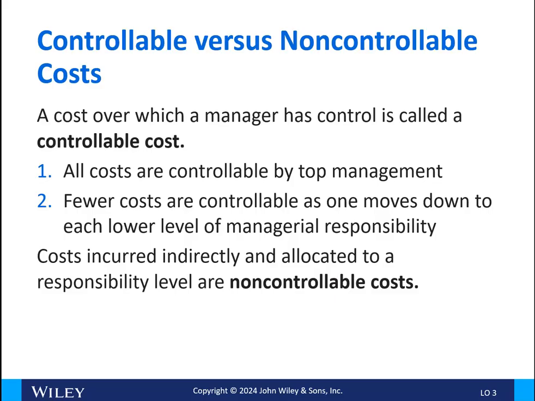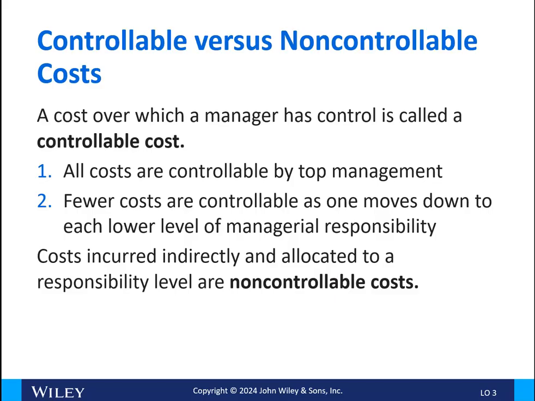Costs incurred indirectly and allocated to a responsibility level are non-controllable costs. So sometimes you'll have costs that are allocated to different departments or plants or different parts of the organization. Those allocated costs are not controllable. They're just something that has to be on the report.